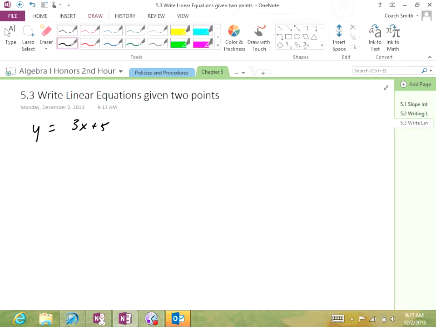Basically, what they're going to start with today is they're going to start from the very basic problem, and that is to give us 2 points. For example, -1, -2, and 2, 6. Okay? They want us to take the 2 points and write an equation.